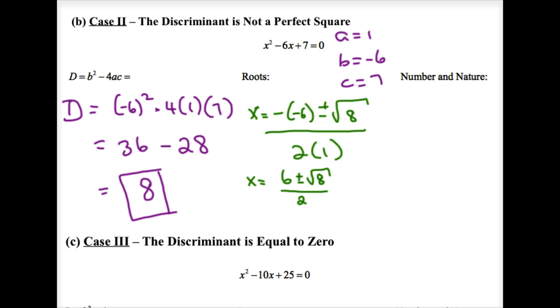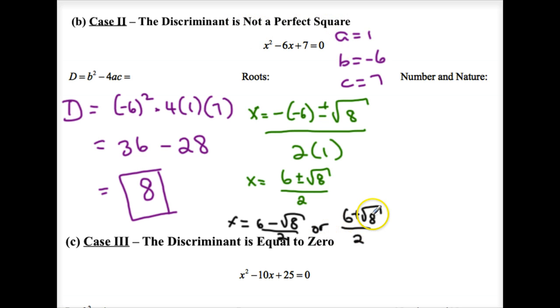So remember what we said, this always is branched out. So I can make this x equals 6 minus the square root of 8 over 2, or 6 plus the square root of 8 over 2. Now, this one is when it's not a perfect square.